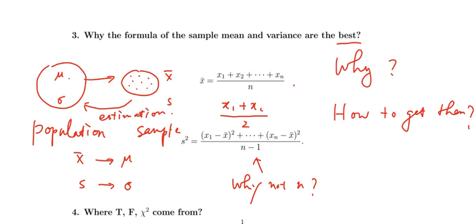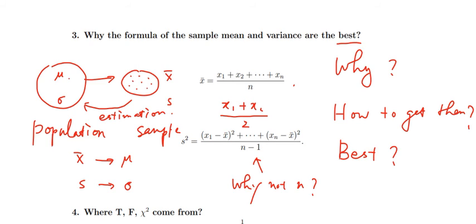This is also an average, the average of those two numbers, while here it is the average of those n numbers. So why is the average of n numbers better than the average of two numbers?